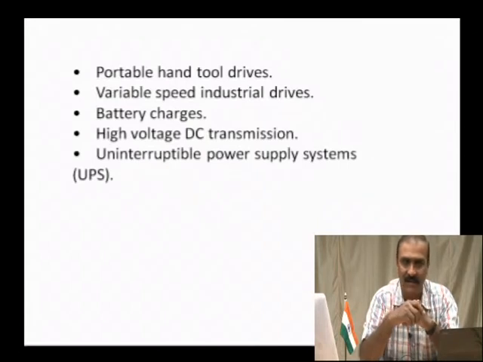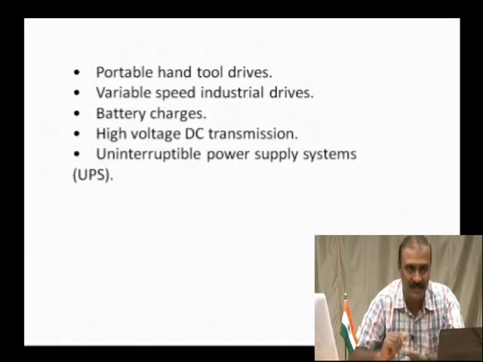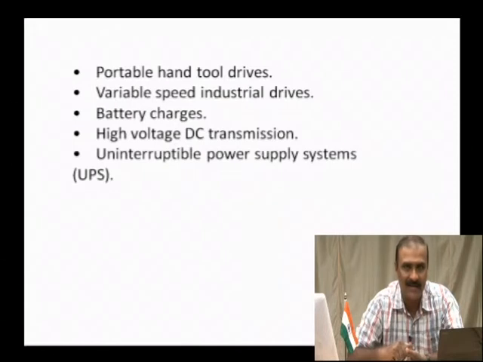Regenerative action is done here. Now armature resistance is less. Armature control or field control, which one do you prefer? In armature control the time constant is more, and it is less if you use field control. So for fast deceleration you go for armature control, and for slow deceleration you go for field control.